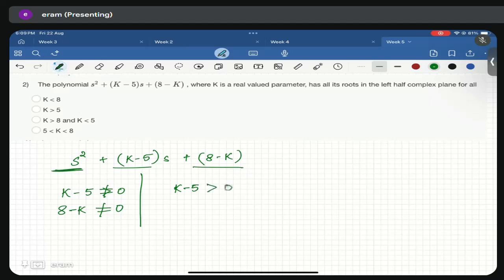So we have to ensure k minus 5 is greater than 0 and 8 minus k greater than 0. This gives k greater than 5 and k less than 8. So k should lie between 5 and 8. Last option is correct.